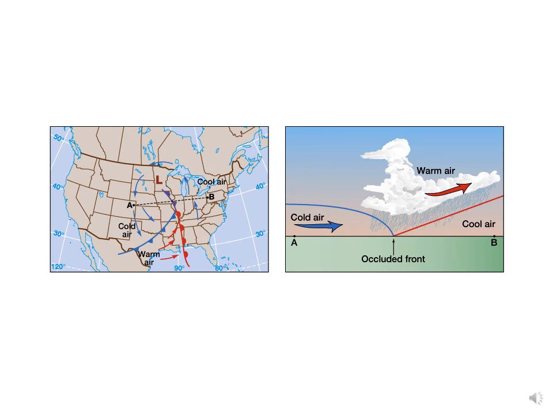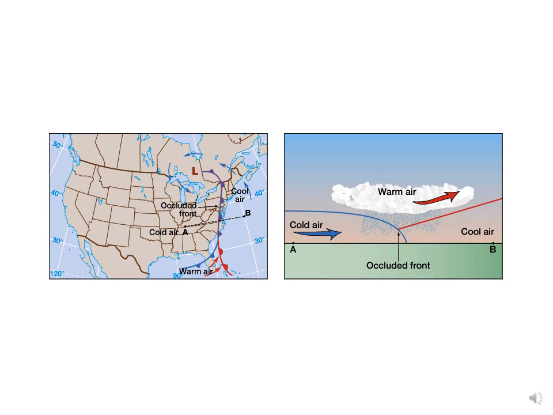So right at the occlusion point, the cold air is now meeting the warm front at the surface, and so it is now pushing that warm air that was in the sector between the cold front and the warm front up above the cool air and the cold air.